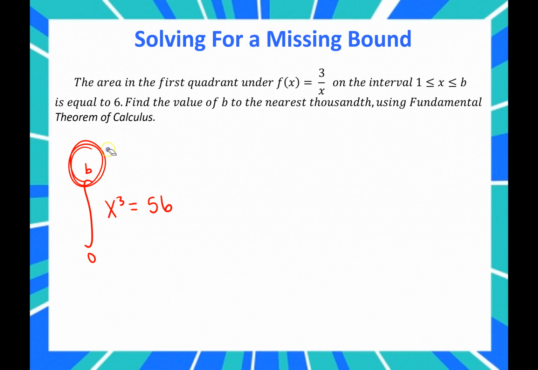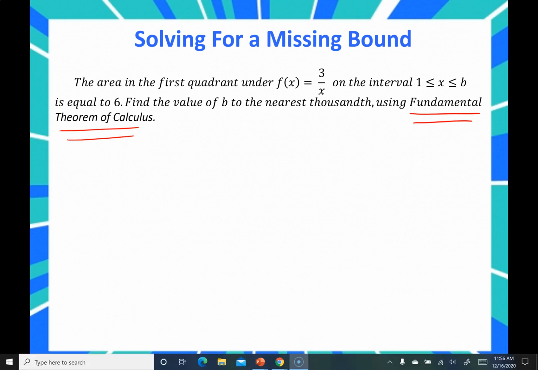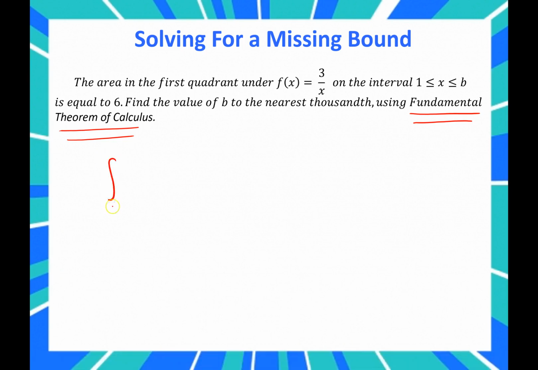But I want to take a second really quickly to talk about this phrase right here, the fundamental theorem of calculus. What is that? Well, it's fairly underwhelming. It's actually something we've already learned. It's basically saying that the integral from a to b of f of x dx is equal to F of b minus F of a, where, of course, if we take the derivative of uppercase F, we get lowercase f.